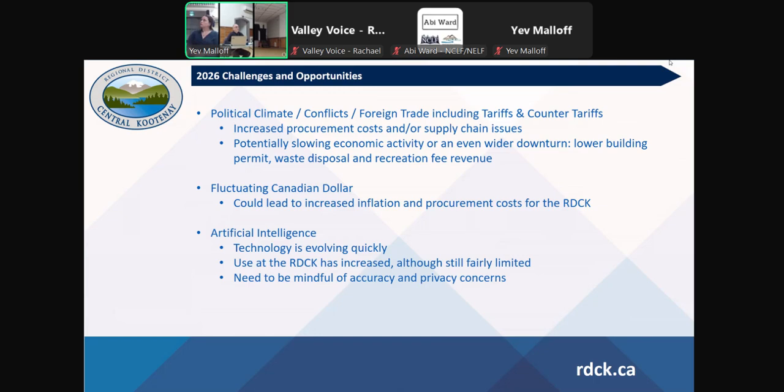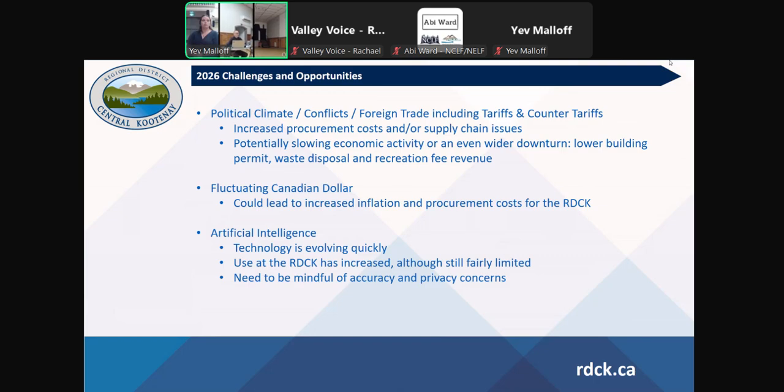And if uncertainty continues, we've got potentially slowing economic activity, wider downturns, and an effect on revenue for the regional district, with lower revenues in building permits, waste disposals, recreation fees, etc. A fluctuating Canadian dollar could also cause some inflation.